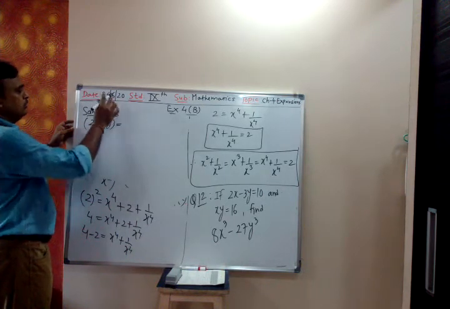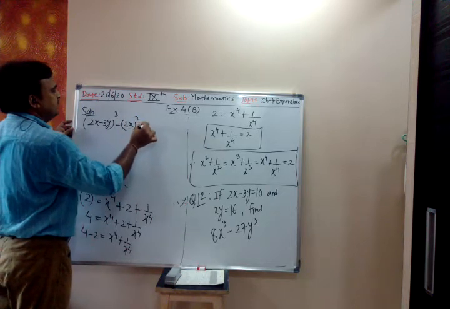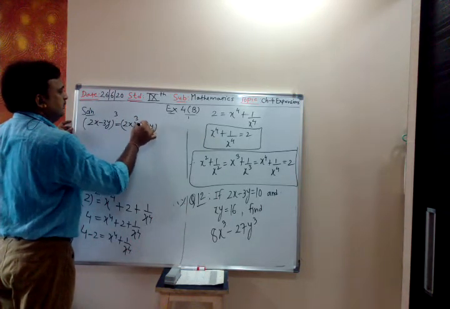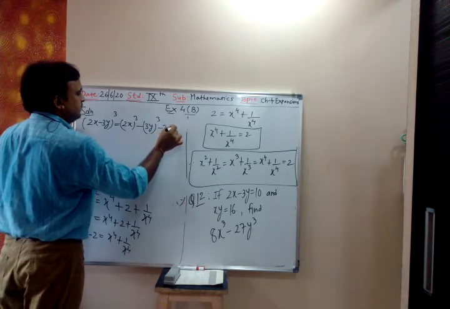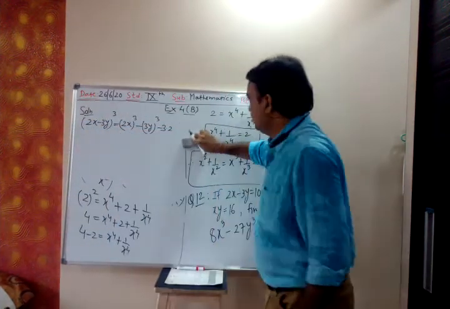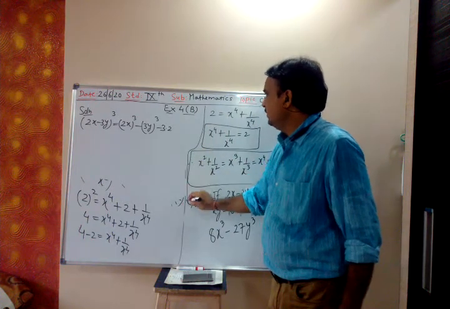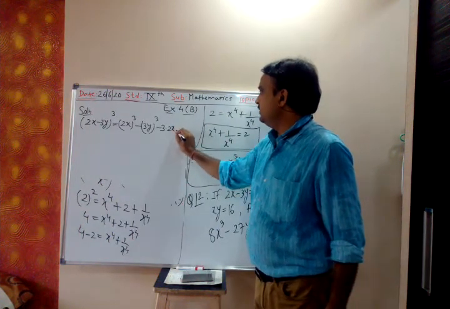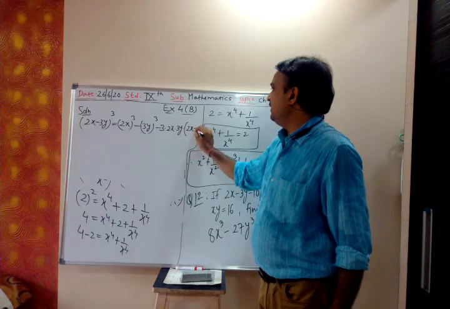So that is a cube minus b cube minus 3ab. In a minus b whole cube, so 3 into 2x into 3y into bracket 2x minus 3y.